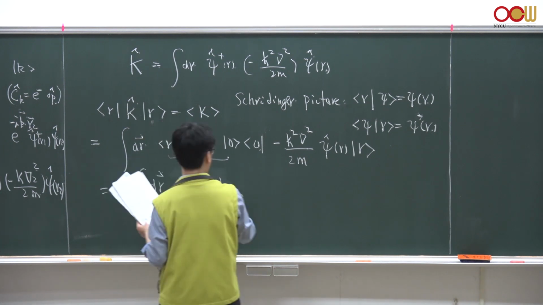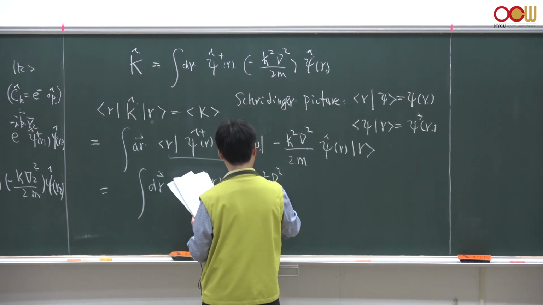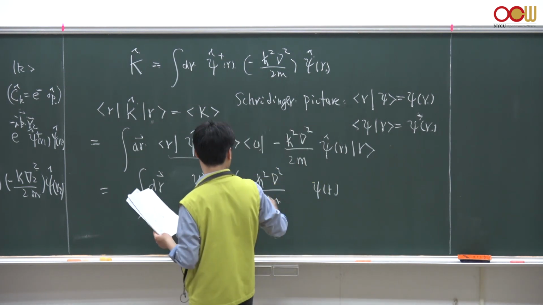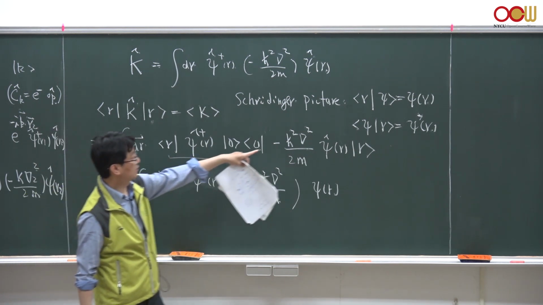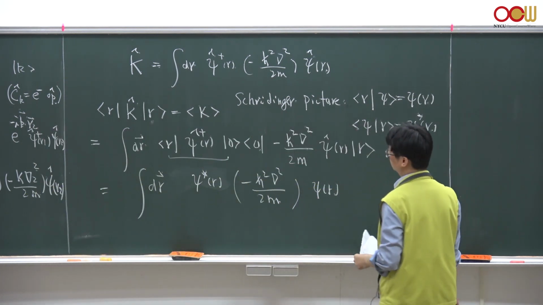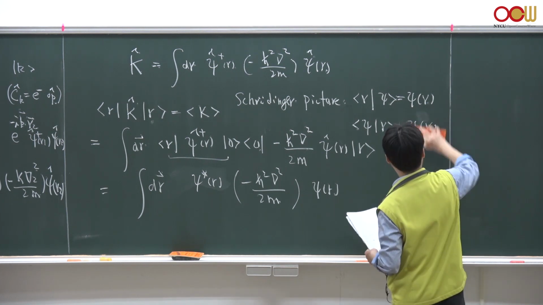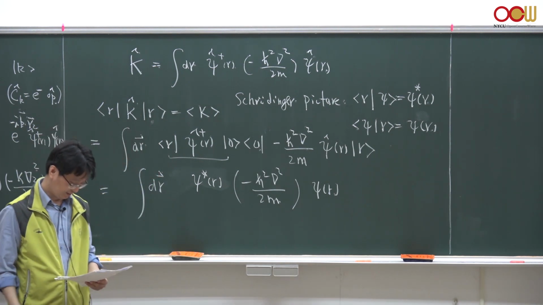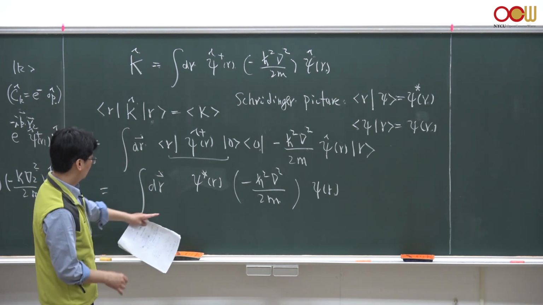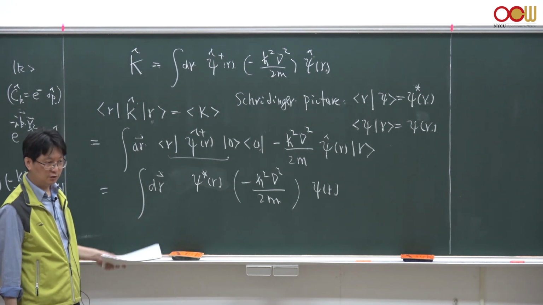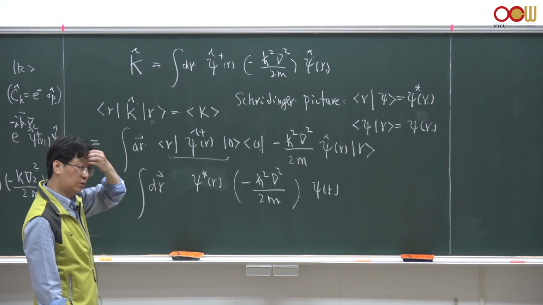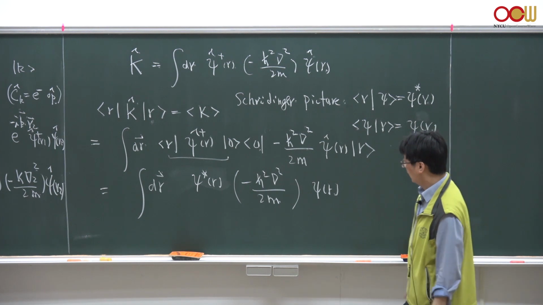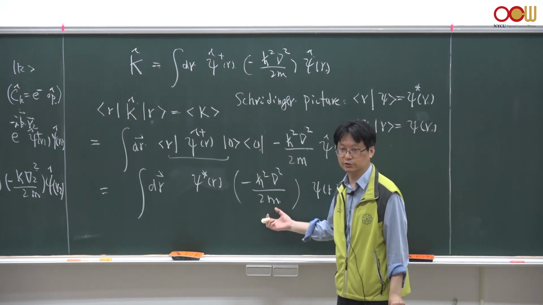Psi star of R, and this is the kinetic energy operator, but then this is psi of R. So if you plug in this definition here, I could just interchange this definition so that it agrees with our convention in quantum mechanics. So what is this? This is nothing but the kinetic energy of a single particle in quantum mechanics, if I know the Schrödinger wave function for that single particle, and this is the expectation value of the kinetic energy of that single particle.